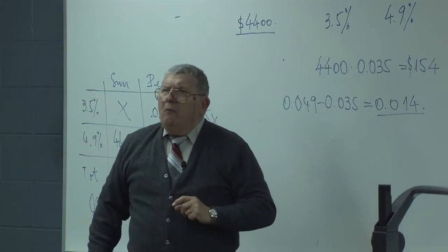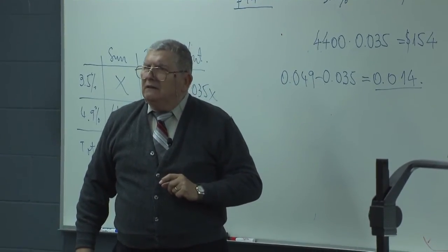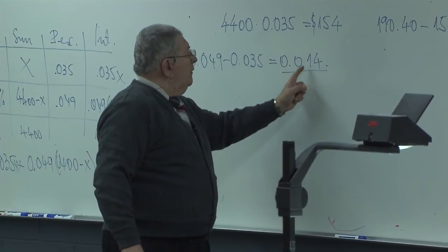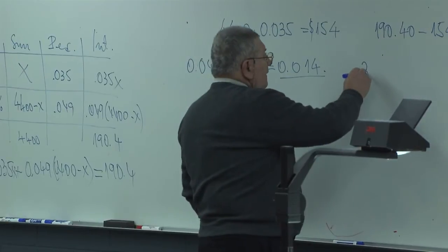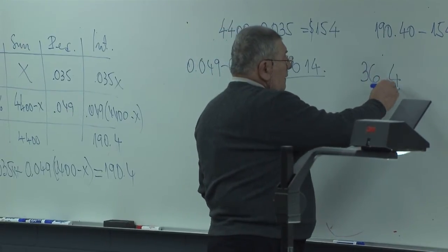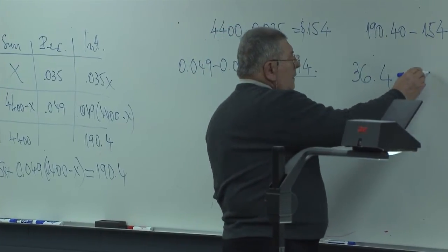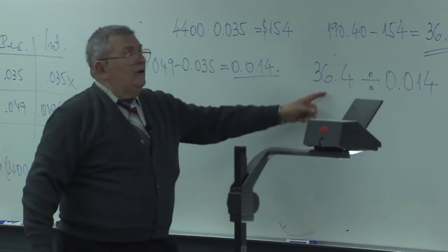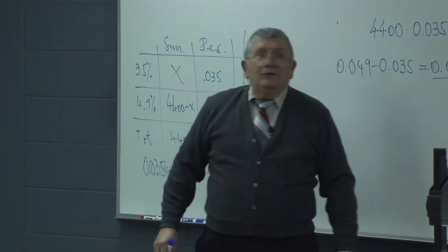So how many times does 0.014 go in 36.4? 2,600.